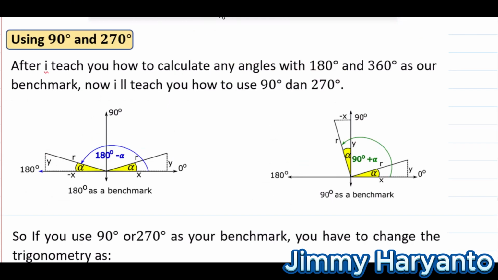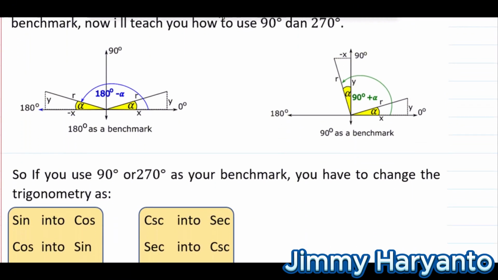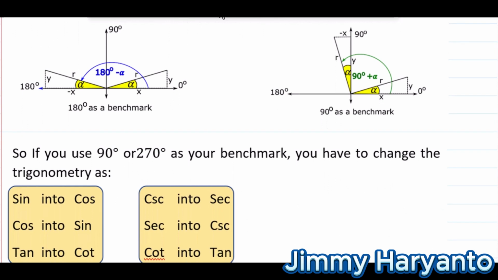now I want to teach you how to use 90 degrees and 270 degrees as our benchmark. I want to visualize first what the difference is between 180 degrees and 90 degrees as a benchmark. Okay, as you can see, we have alpha right here. The triangle will be like that, and if I have 180 degrees minus alpha, the triangle will be similar for the value of x and y.